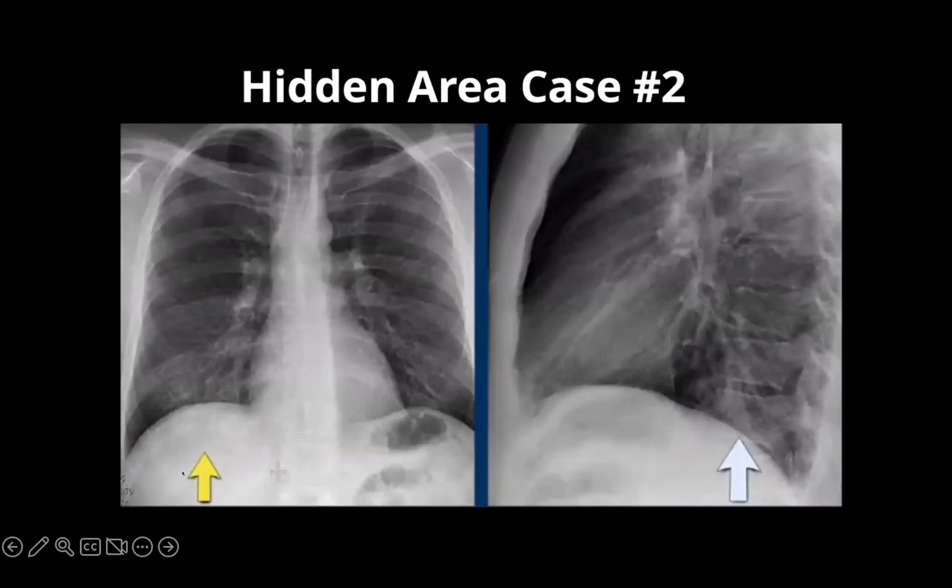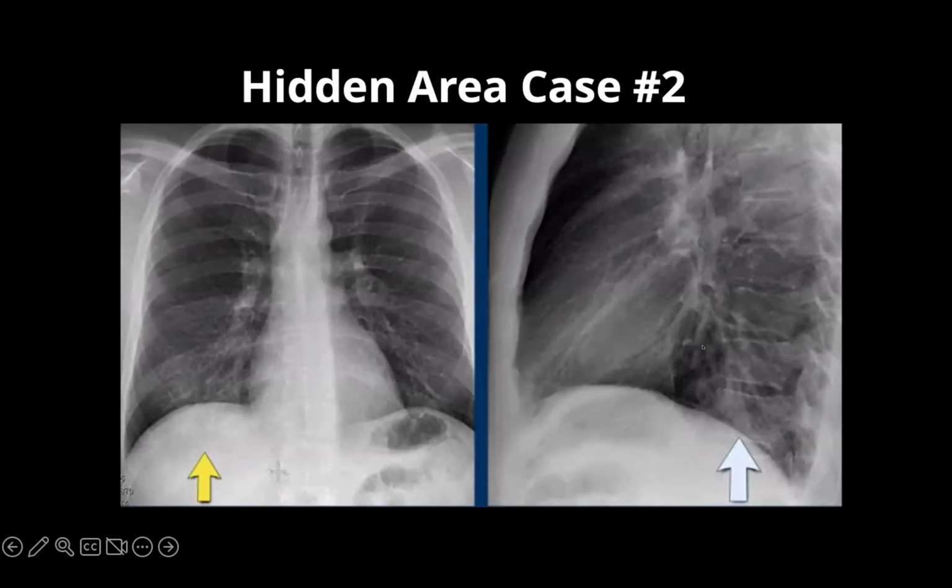The other thing here is this is definitely a difficult case compared to the previous one. Very subtle opacity that projects below the diaphragm, but look at the lateral projection. There is an ill-defined opacity at the inferior aspect of the thoracic spine.